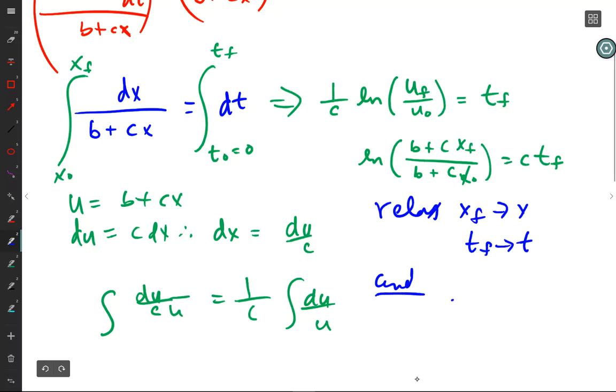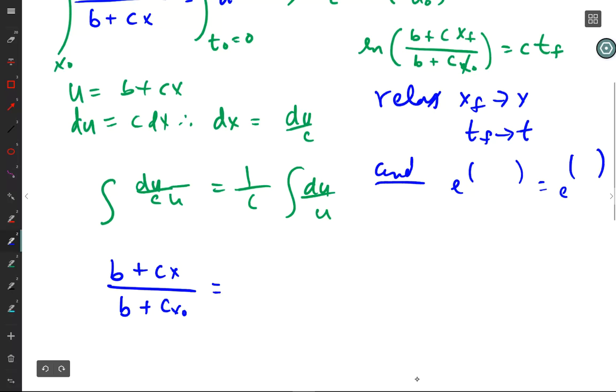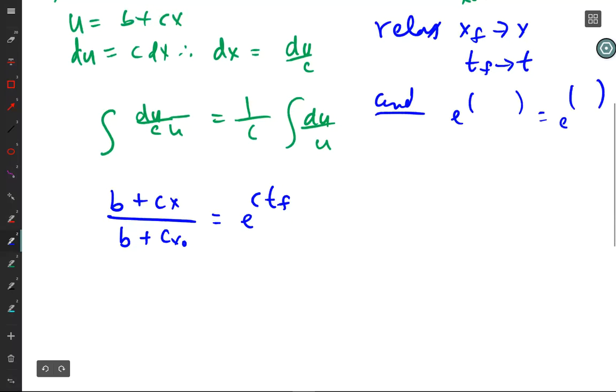And use the inverse function of natural log. So doing both of those steps, I will have b plus cx over b plus cx initial equals e to the ct final. And so multiply everything across.